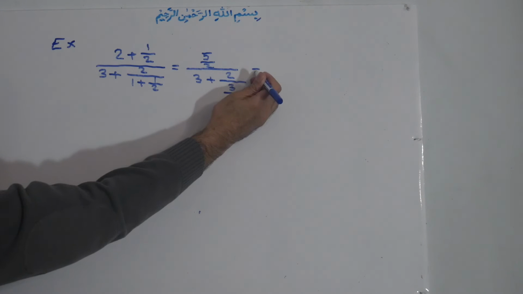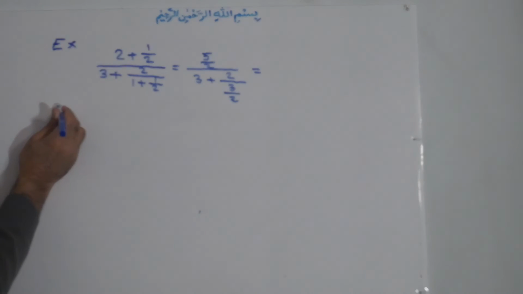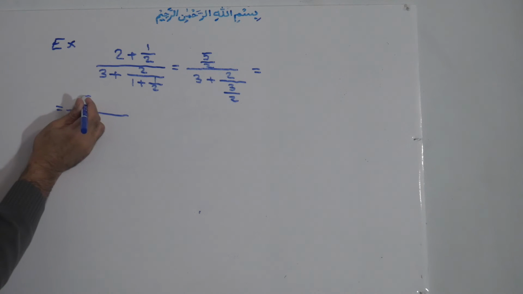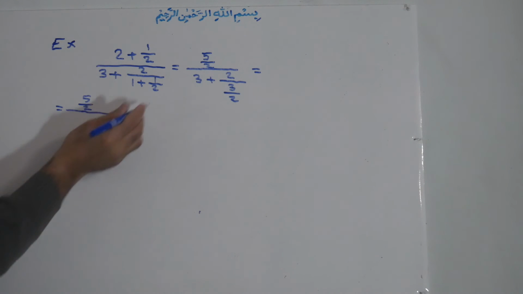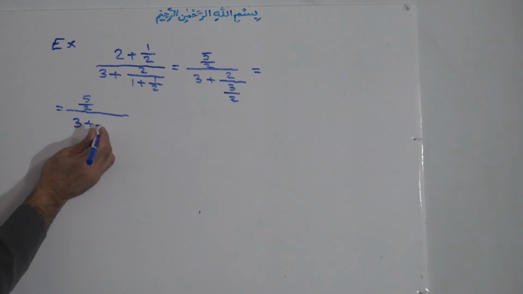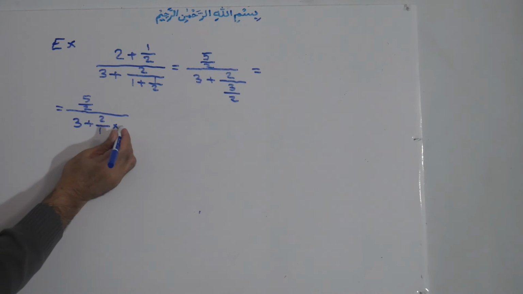This is equal to, the numerator is 5 over 2 and the denominator is 3 plus 2 over 1 times 2 over 3.